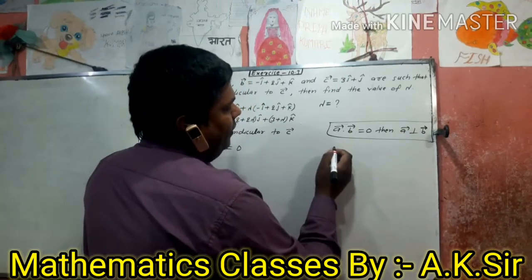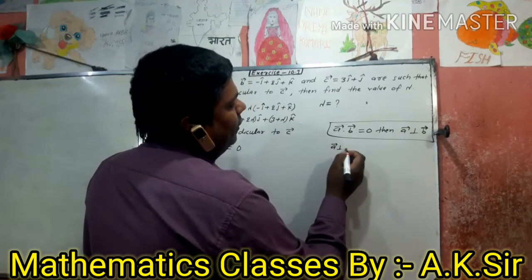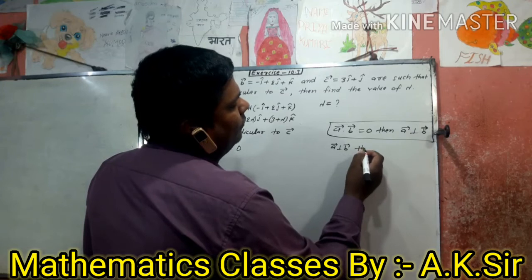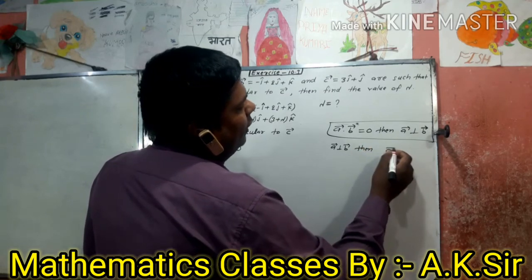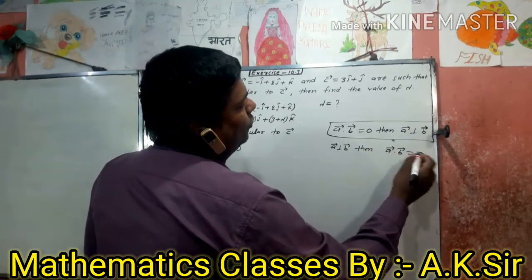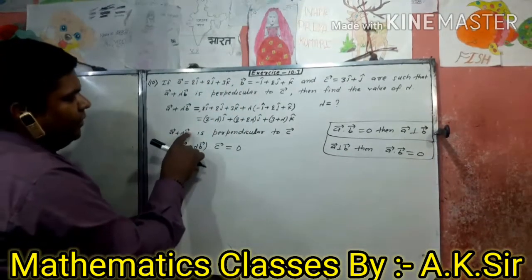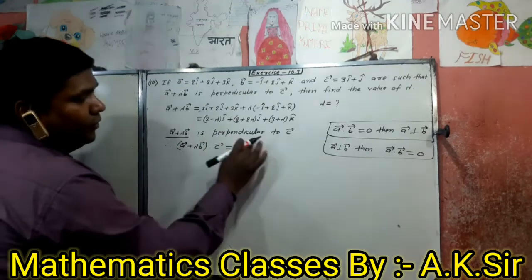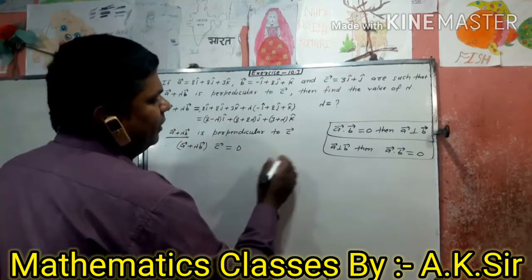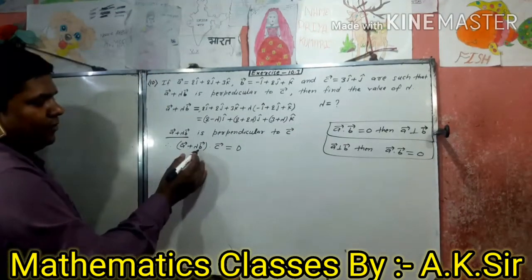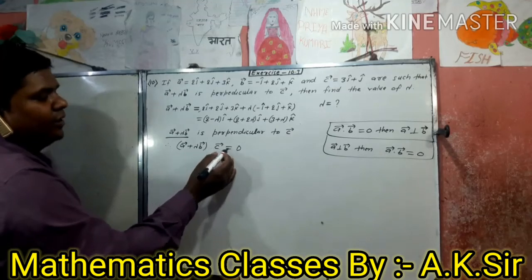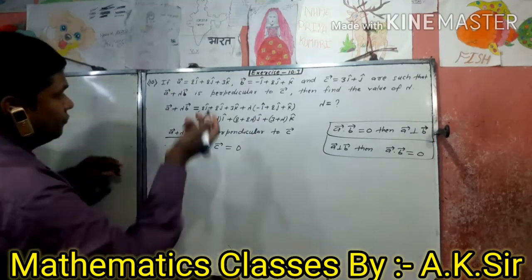If given is a vector perpendicular b vector, then we can write a vector dot b vector is equal to 0. Here given a vector plus lambda b vector is perpendicular to c vector. It means a vector plus lambda b vector dot c vector is equal to 0.